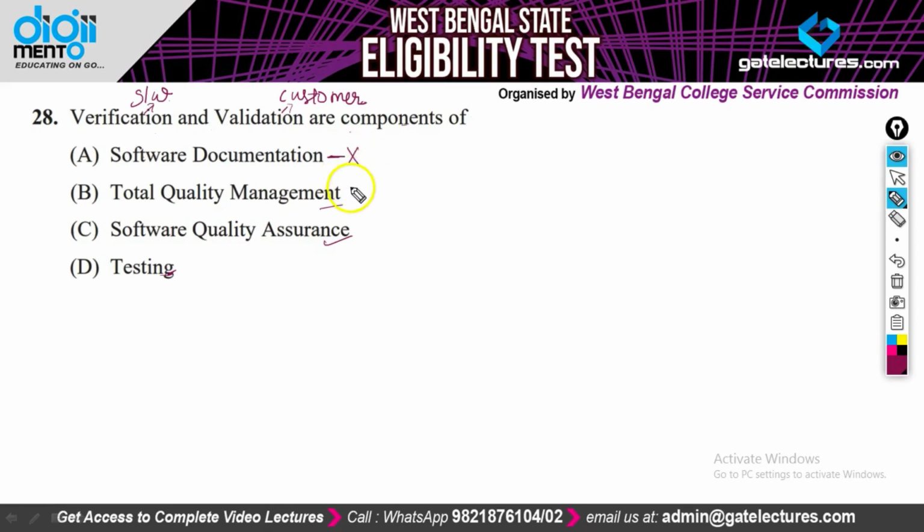Next we have total quality management. It is one of the important processes in which we not only deal with coding and testing and the technical terms, but also with teamwork and training. Like if you are introducing a new software in your company, or building a completely new software for the customer, you train your employees accordingly, and leadership is also a part.